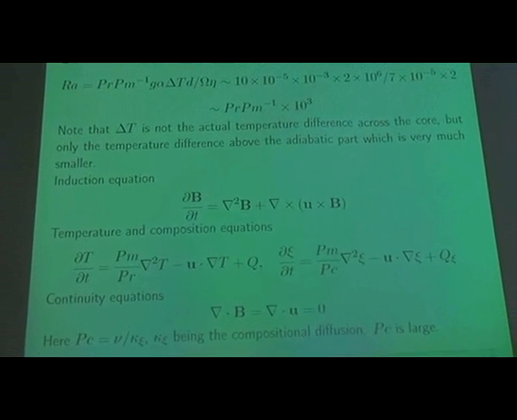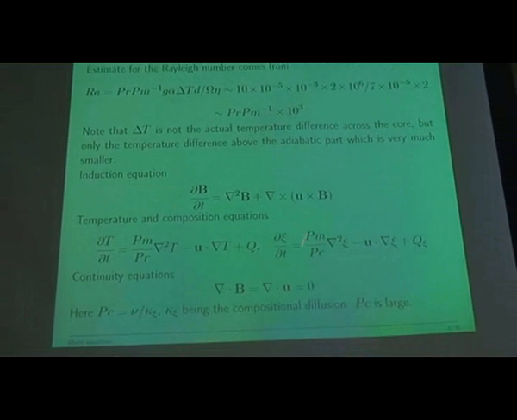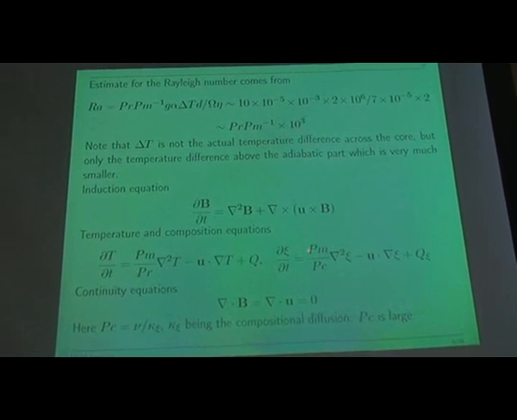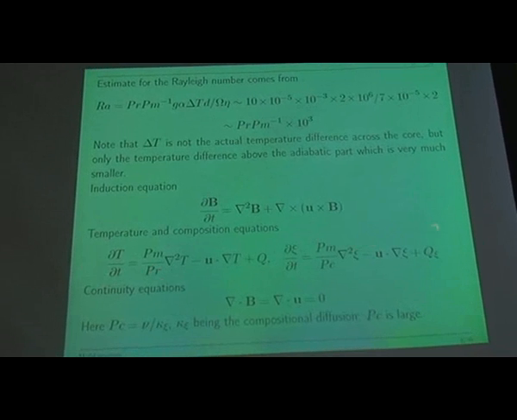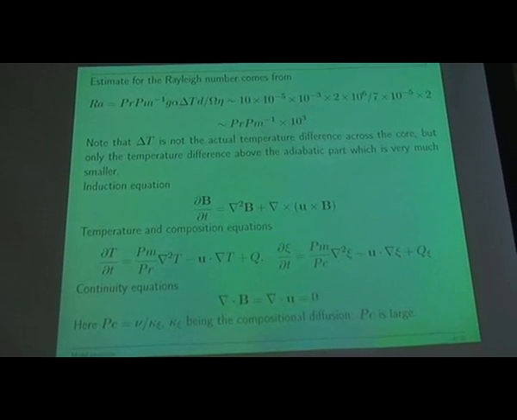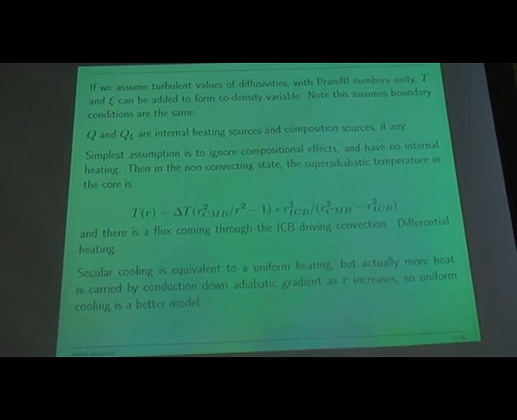But when you simulate things, it's always taken as 1 or close to 1. So those are the equations, and we can have source terms here and there if we want. These are the internal heating sources and compositional sources, if any.